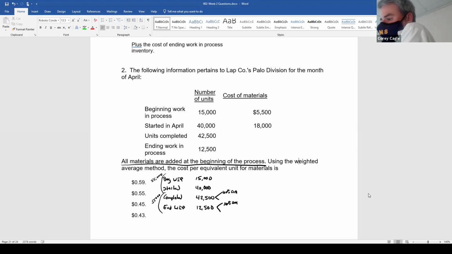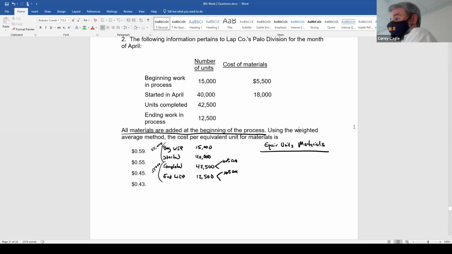Step 1's done. Step 2, what are our equivalent units of materials? Again, this is really not a necessary calculation because you can eyeball it and see it's going to be 55,000, right? Units we started means they're already done with materials. You don't really have to do this, but just to keep things parallel and consistent.